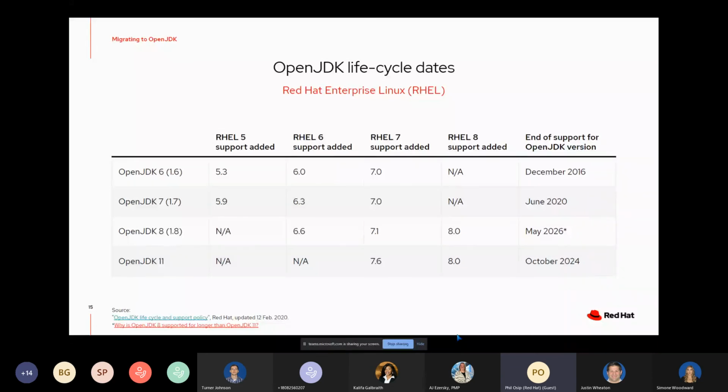The two long-term releases, OpenJDK 8 and OpenJDK 11, are maintained for not just a 1 or 2 year cycle, but for a lengthy cycle out until May 2026 for OpenJDK 8 and out to October of 2024 for OpenJDK 11.